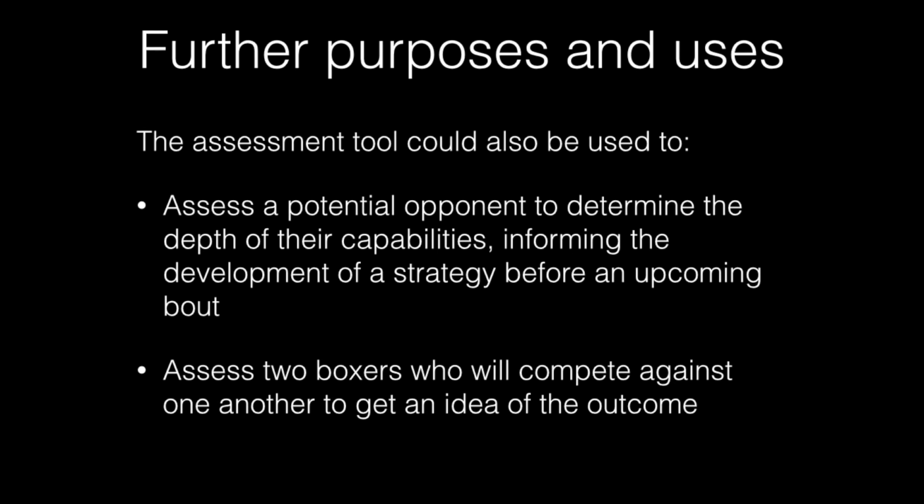And this is not necessarily an intended purpose of the assessment tool, but if I'm a gambling man, I might even assess two boxers against the rubric who are about to fight and mark them against the level descriptions. So I might see that one boxer is at an intermediate level where the other is at a more competent level.